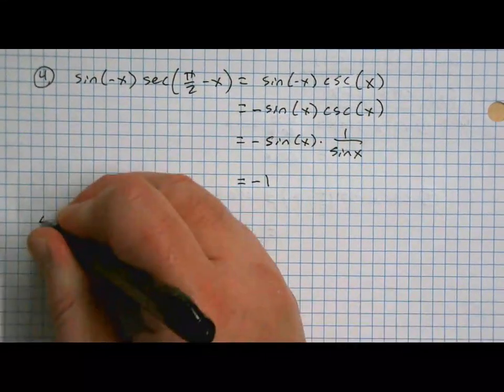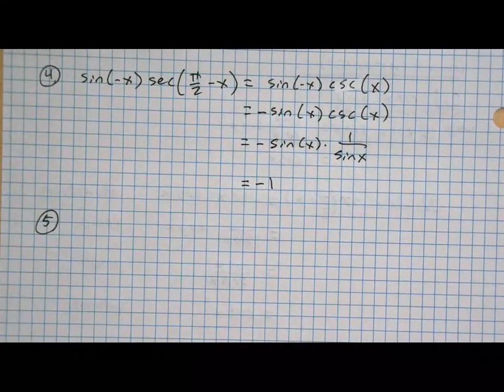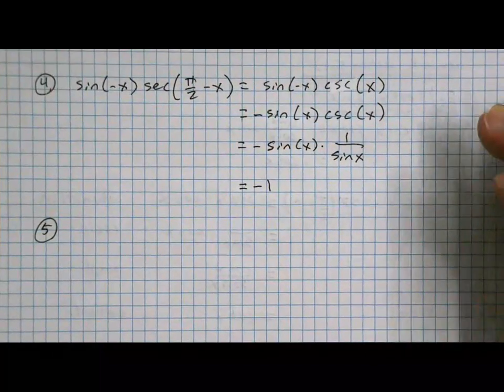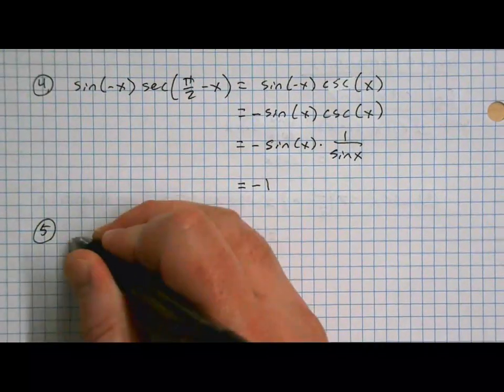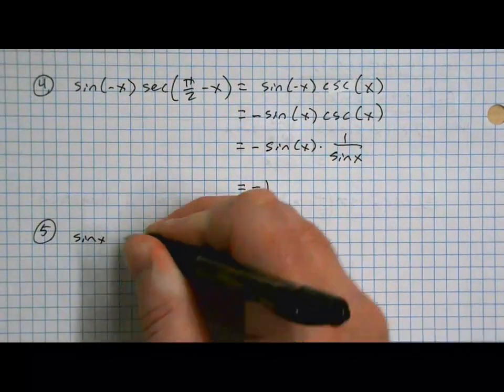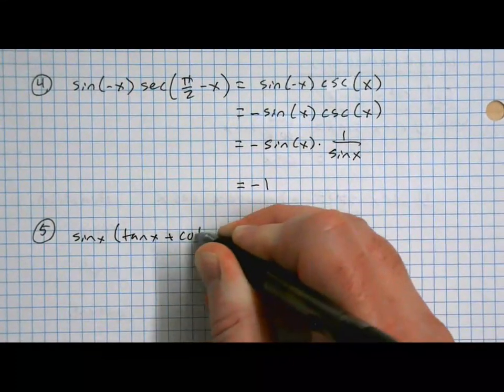Number 5. What do we got here? Sine x times tangent x plus cotangent x. Huh.